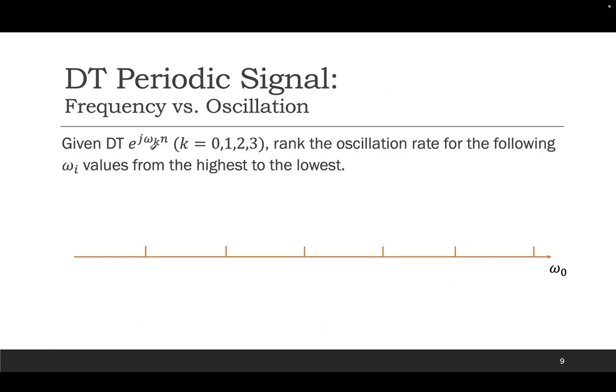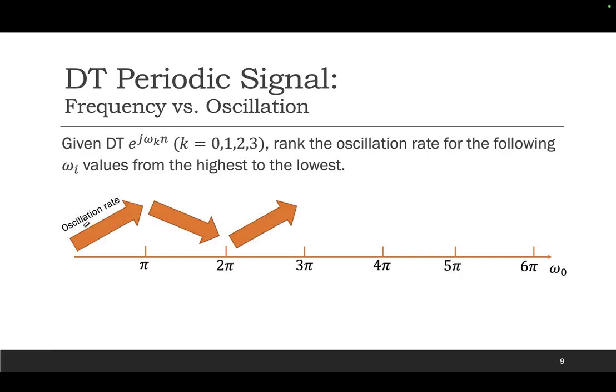Given e.g. omega k, n, rank the oscillation rate for the following omega values from highest to lowest. We know the oscillation rate has this rule: from 0 to pi to 2 pi to 3 pi, it goes from lowest to highest, highest to lowest, lowest to highest.